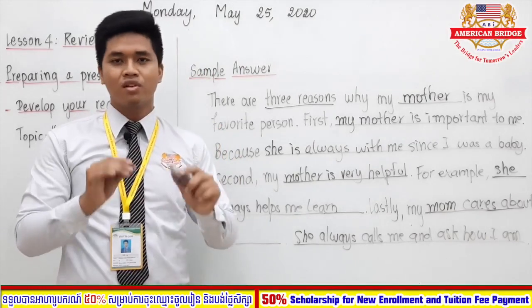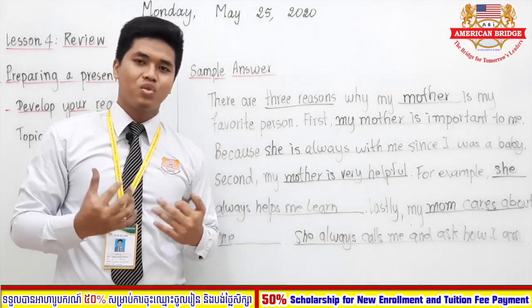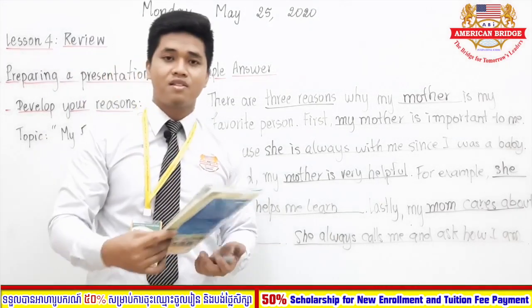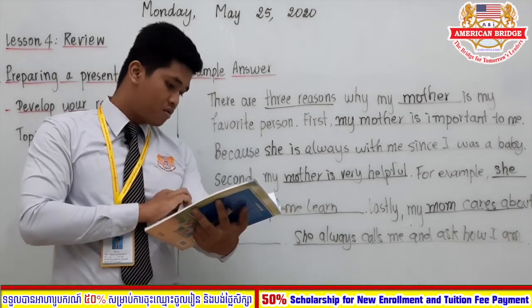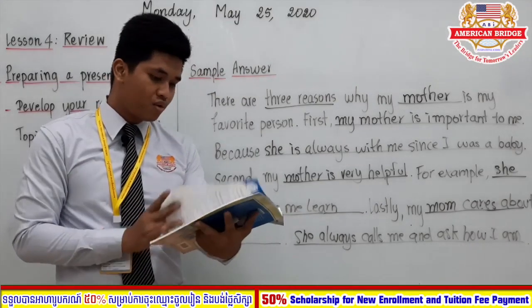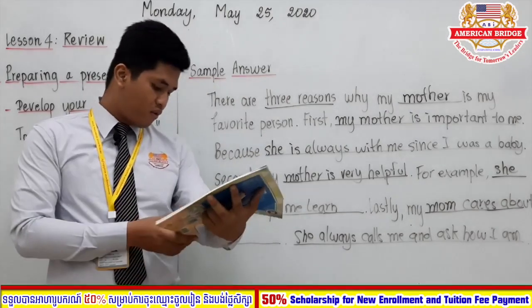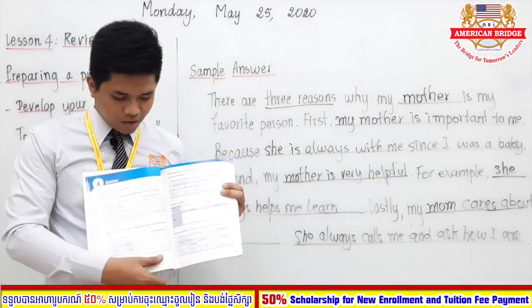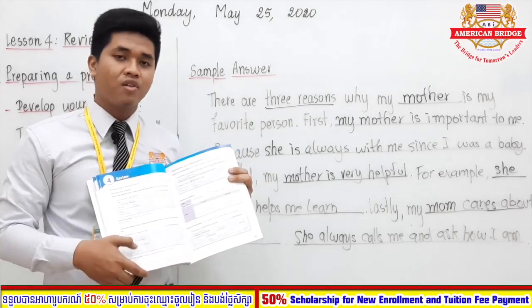You need to choose a topic and give reasons, and then give more detail in order to support your reasons. You can find a template in your books, everyone. Let me open the book to page 44. Here on page 44, the last box is for you to write your answer.